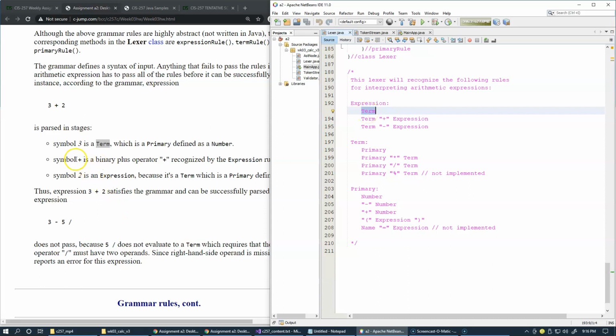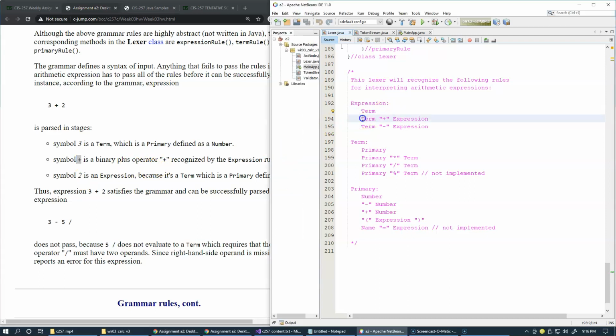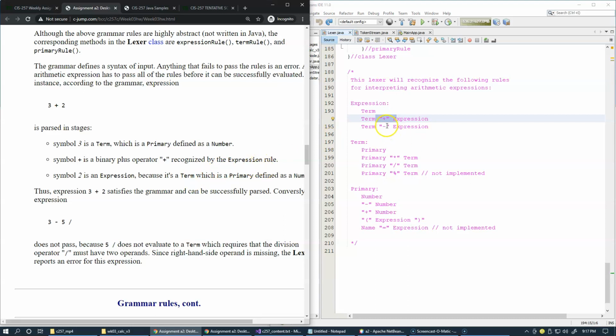Then we observe that the next symbol is plus. Because we already passed this stage of evaluation, because we already determined that 3 is a term, then we have the plus sign, which happens to be the binary plus operator. And so it's recognized by the expression rule right here.